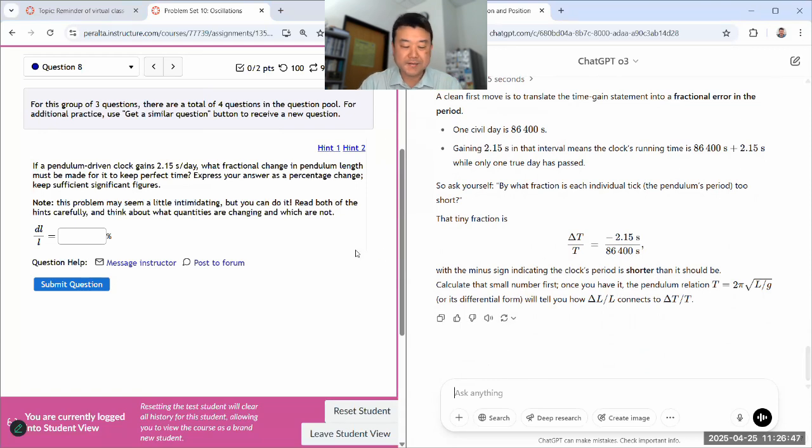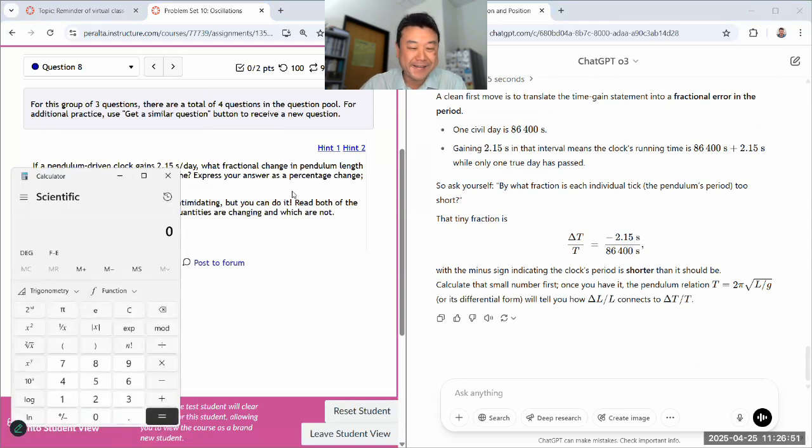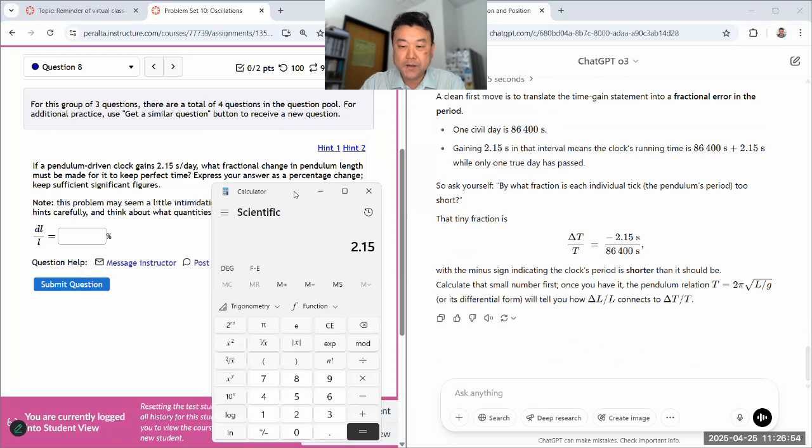yeah. All right, I gotta stop refusing to calculate numbers. I know I can't do that in my head. So, okay, 2.15 divided by 86,400. So, for the ratio of time, I get 2.49 times 10 to the minus 5 as the delta t divided by t.